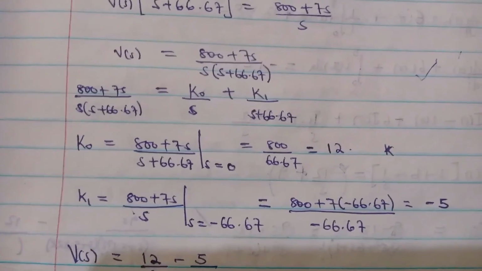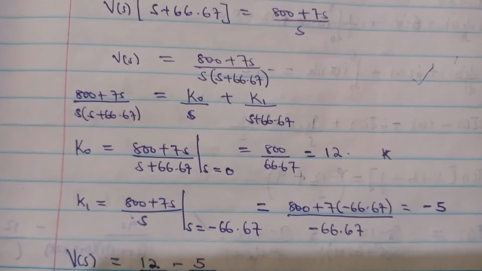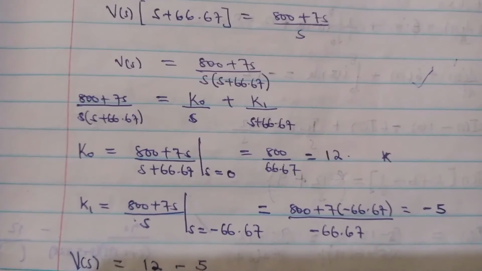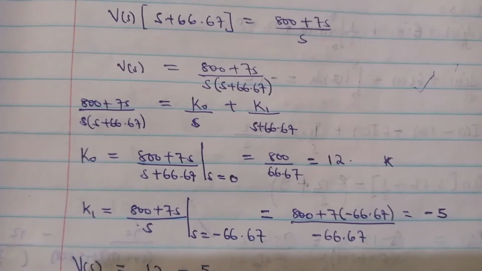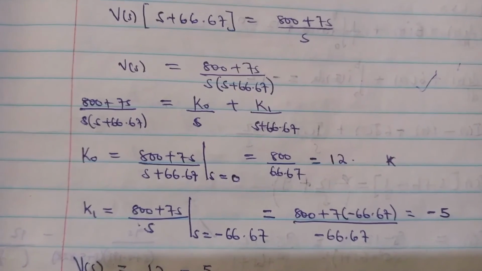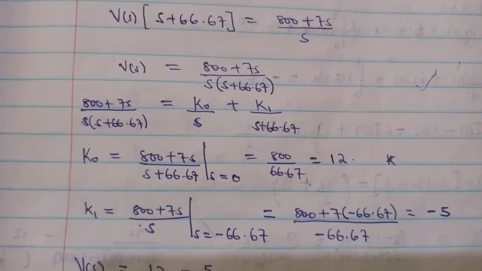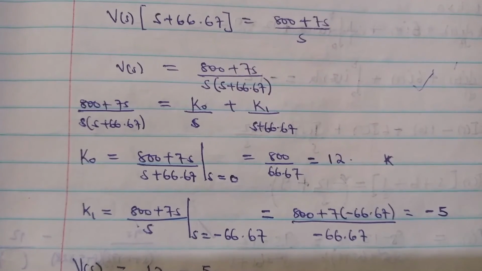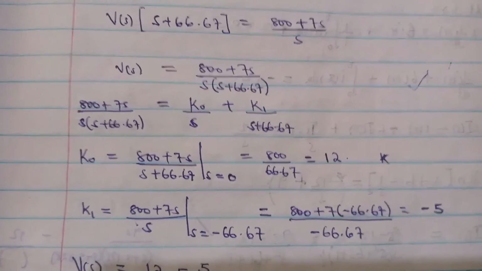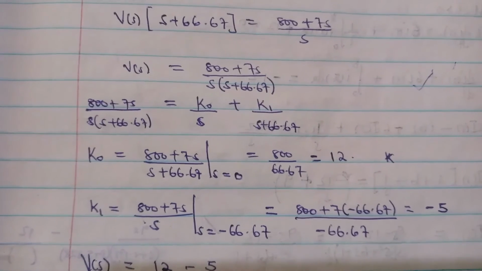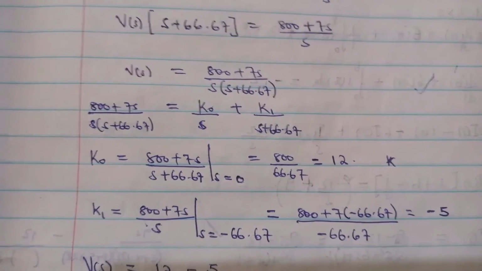And K1, because it is S plus 66.67, set S to negative 66.67, because you need to take all that to 0. Multiplying through by the same expression in the denominator, we are remaining with K1 as the only constant.